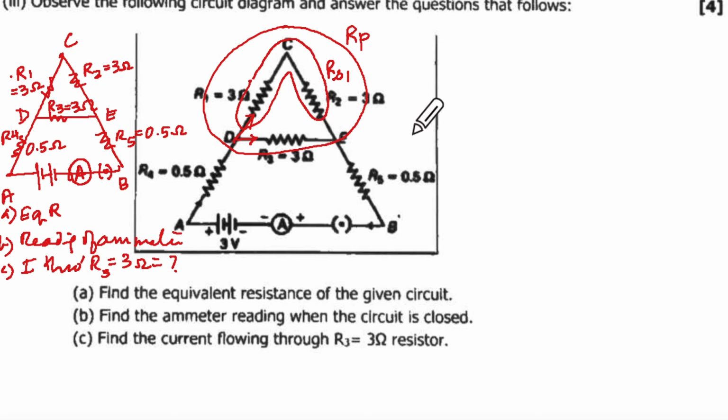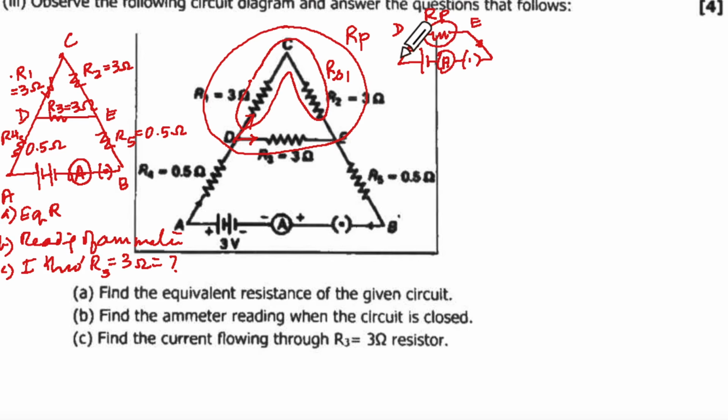Now this RP is going to be with this. So ultimately, if you are getting confused, you will just show this, and then you will show this. This is your D and this is your E, and this is going to become your RP, which is the combination of this whole thing.